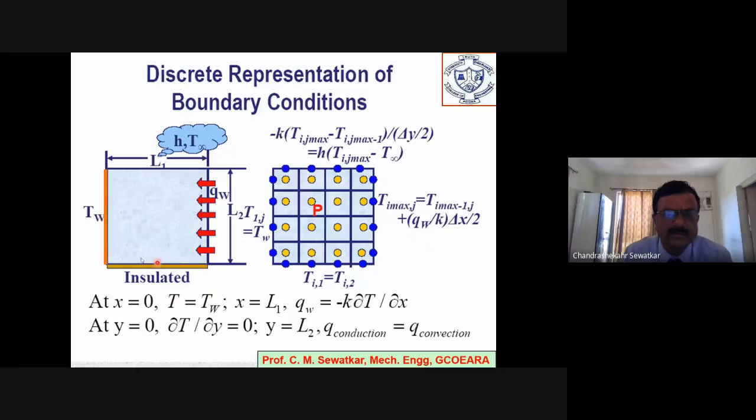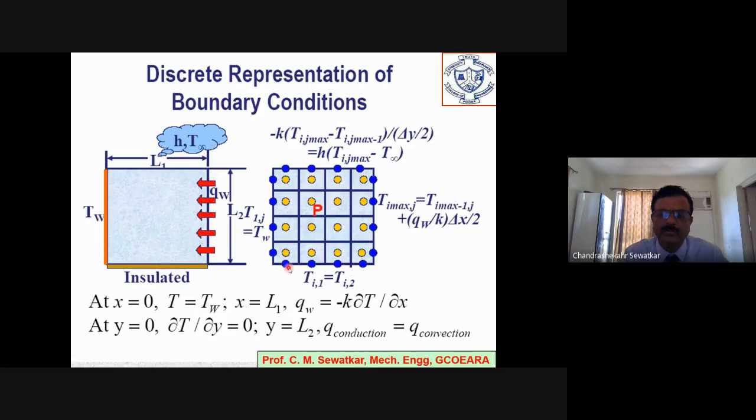The bottom boundary is insulated: at y equal to 0, dT/dy is equal to 0. But this dT/dy, my computer does not understand. So what I can do is take the difference in temperature between neighboring cell centers and divide it by the distance between the two.